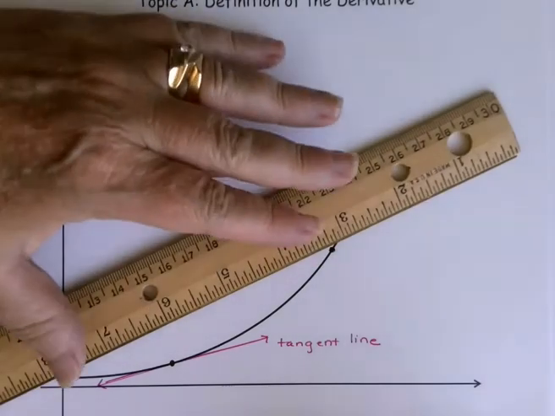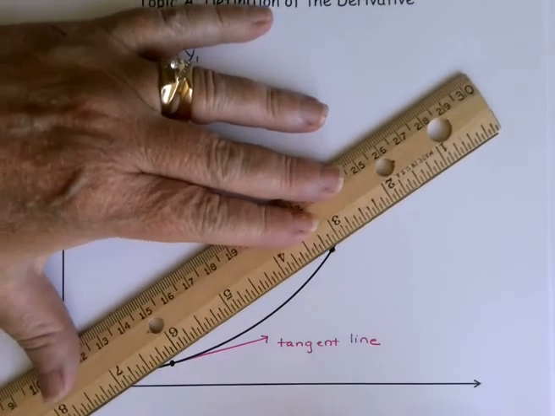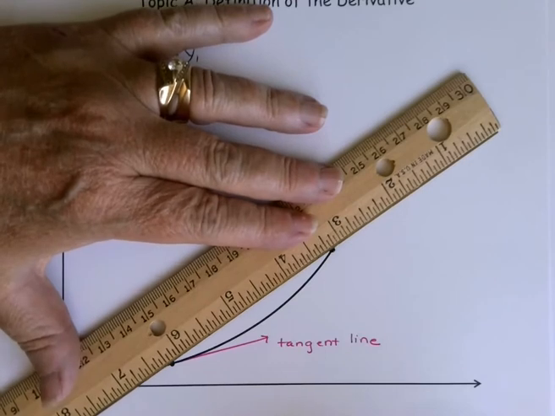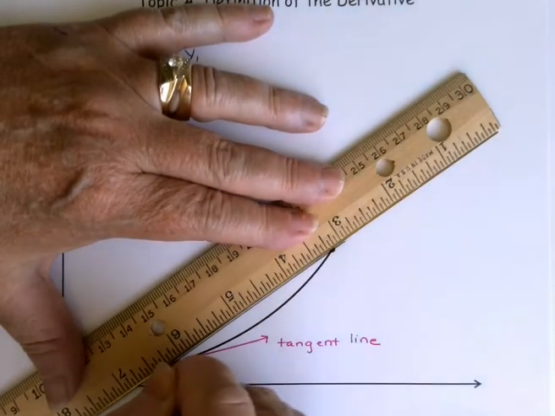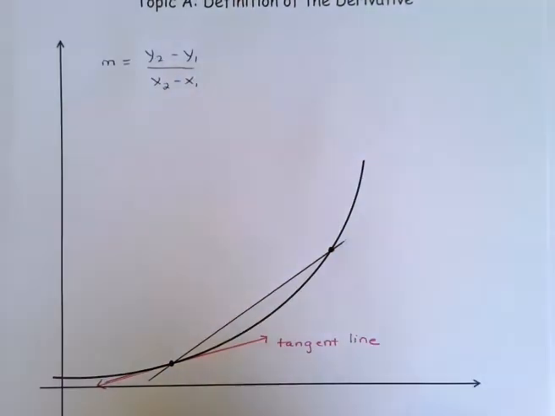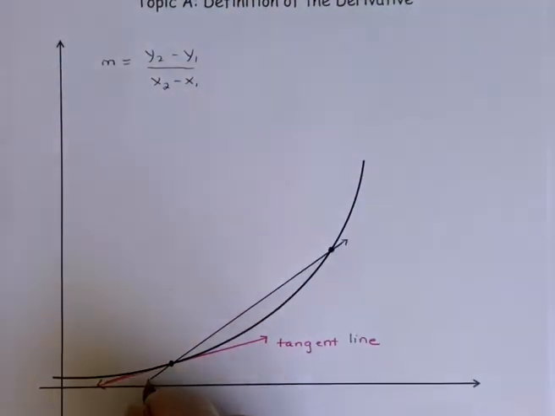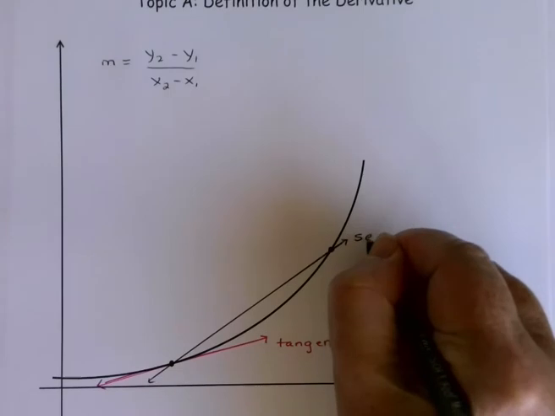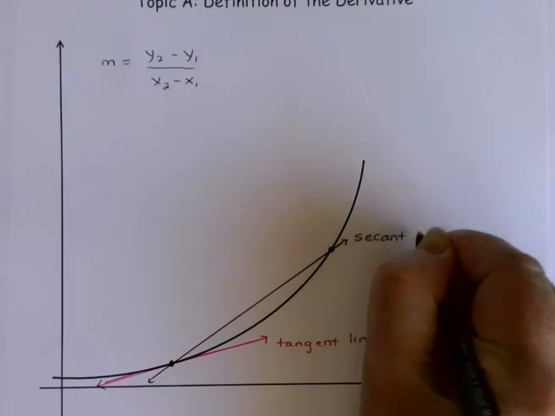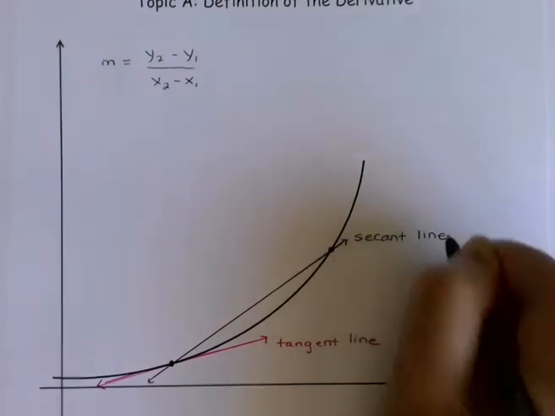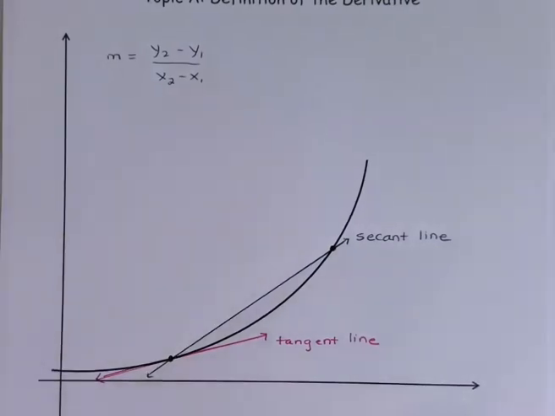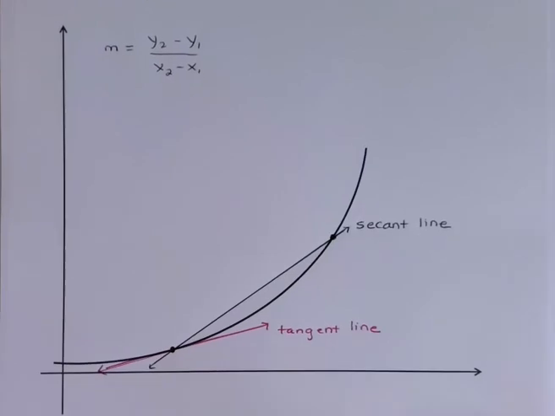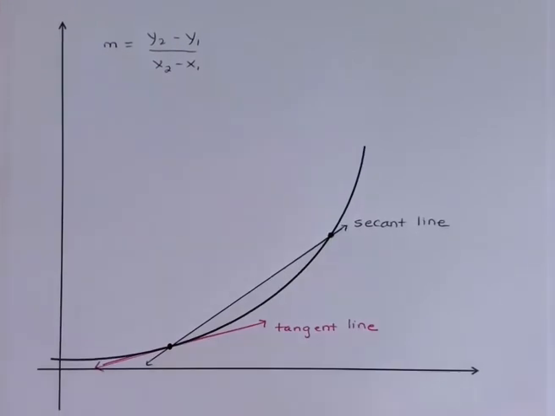So let's just sketch in this line, and then we'll start developing some notation. There's my secant line. And again, my goal right now is to find the slope of that secant line since I have 2 points. Here's some notation that we'll use for this.